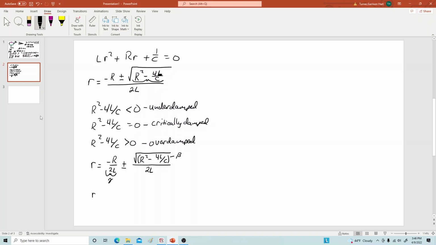By the way, let's not include the negative sign in gamma.